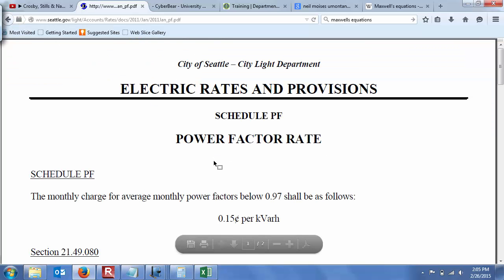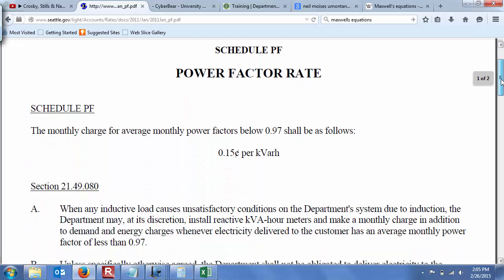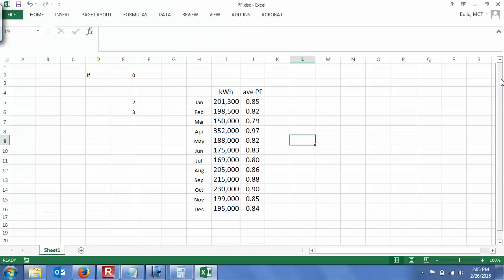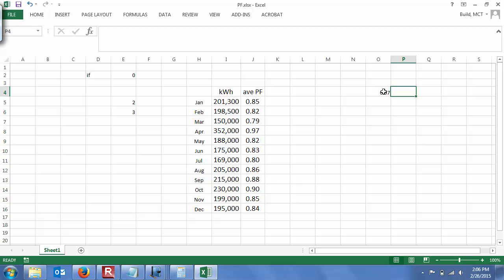Monthly charge for average below 0.97 shall be as follows. So the number is 0.97, and the rate is 15 cents, 0.15, right?